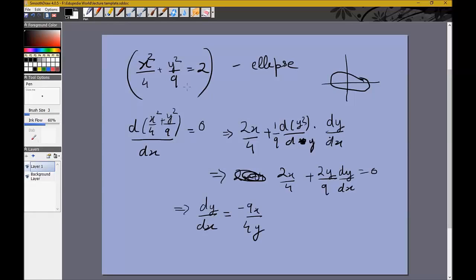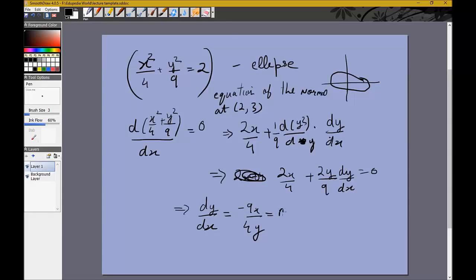Right. Now let's say we want to calculate the equation of the normal at 2, 3. 2, 3 does pass through this ellipse, and we want to find the equation of the normal at 2, 3. Well, first we'll find the slope of the tangent at 2, 3.